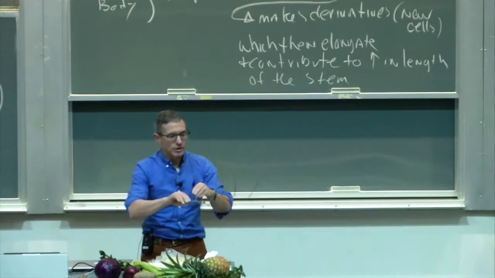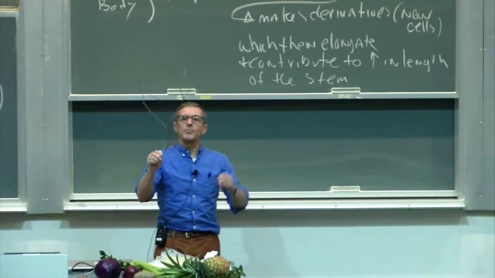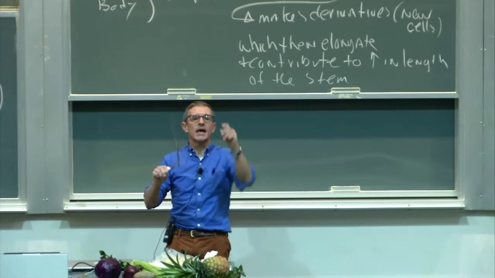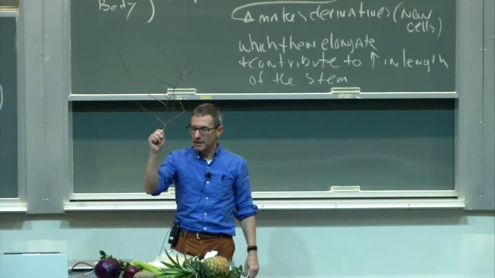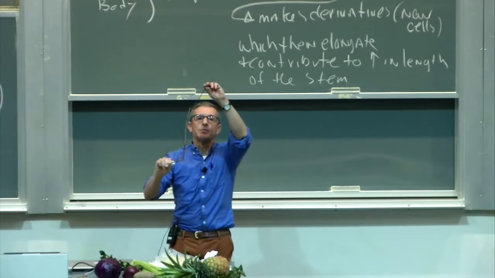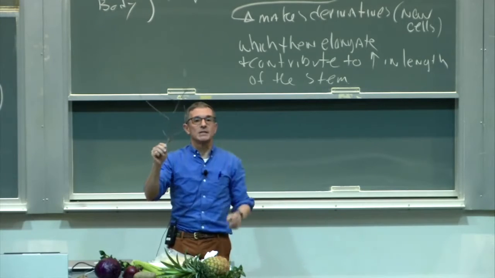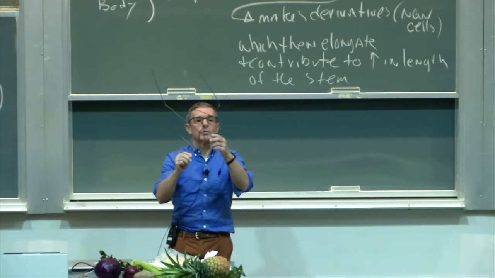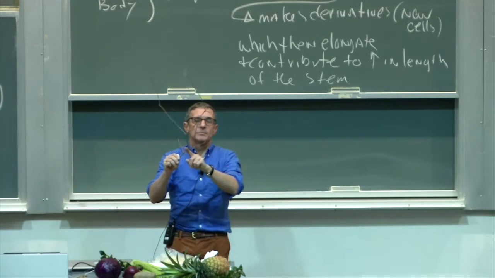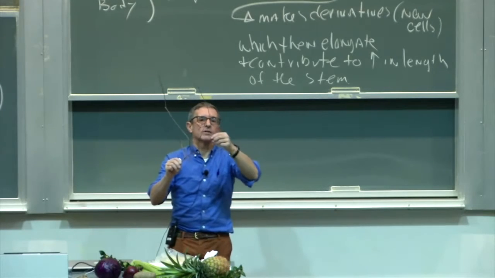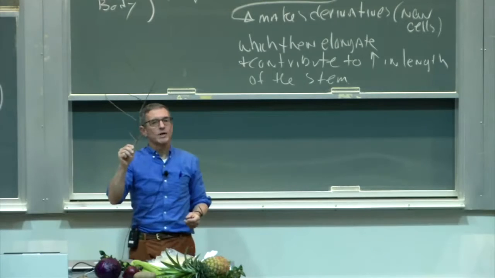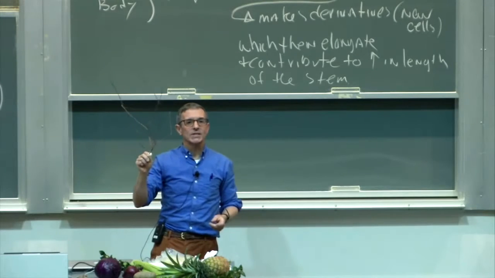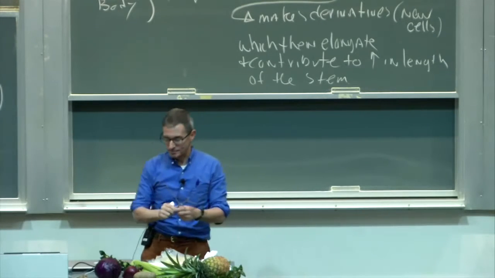Every branch which is produced and has an elongating axis has an apical meristem on it. And if the apical meristem is removed from the branch, it stops elongating, and it will no longer get any great distance until a new apical meristem is produced. So make sure you understand every elongating axis has to have an apical meristem.